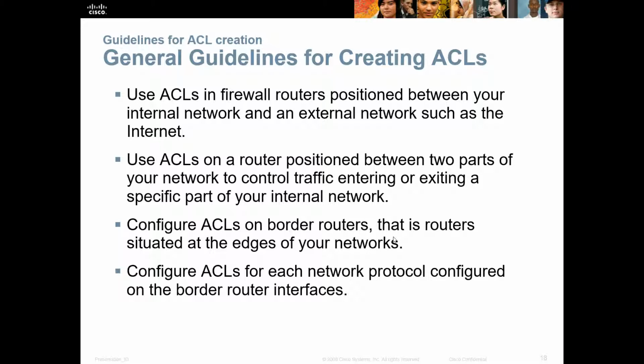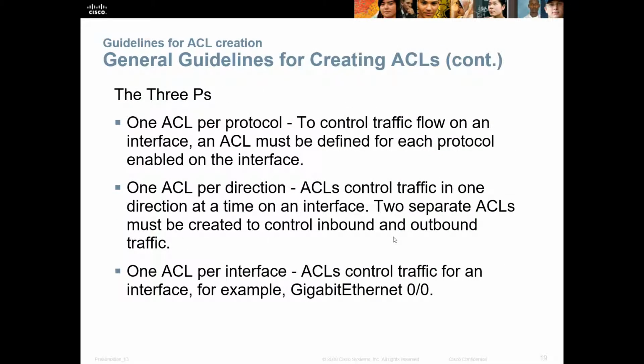You want to configure ACLs on border routers and edge routers, and you want to configure ACLs for each network protocol on the border router interfaces. Normally we have the 3 Ps: we want to set up one ACL per protocol, one ACL per direction, and one ACL per interface.